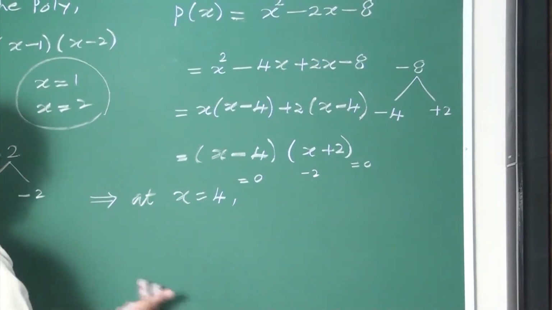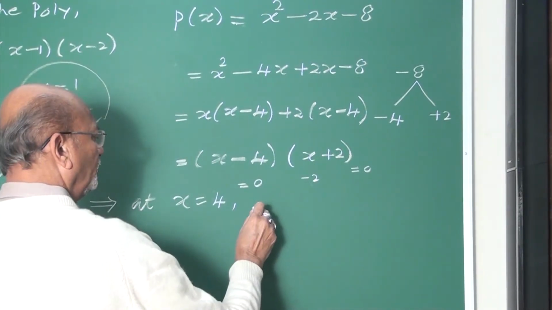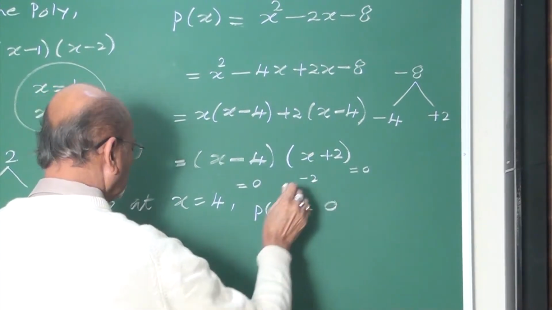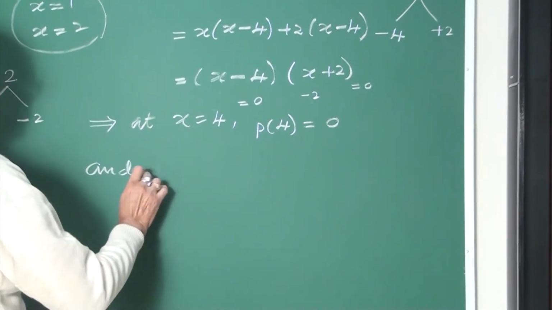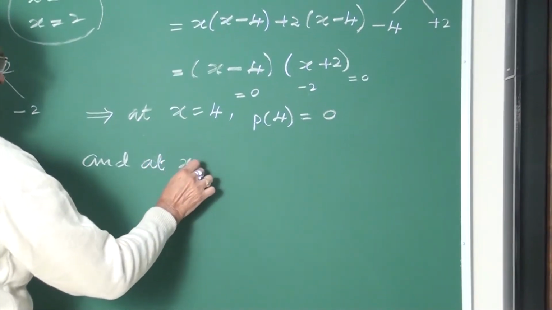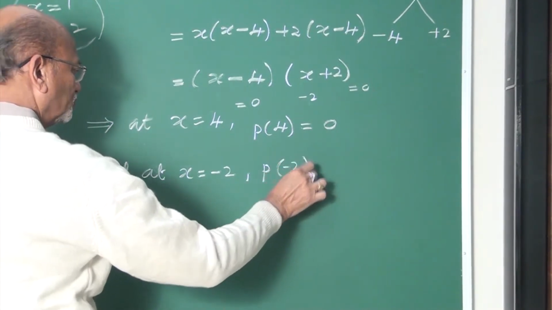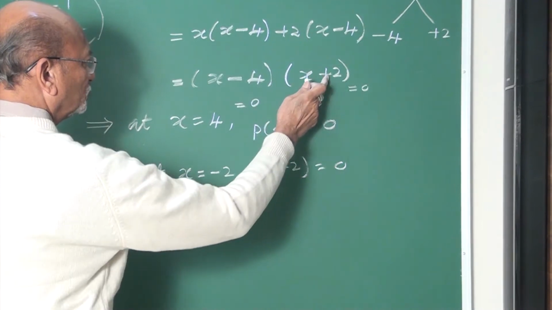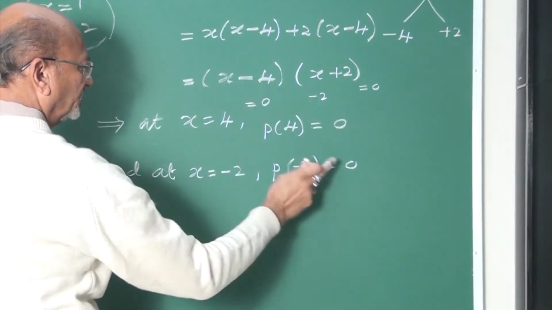So I just write this. At x equal to 4, p(4) is 0, and at x equal to minus 2, p(minus 2) equals 0. Yes or no? Just put x equal to minus 2, plus 2 gives 0.